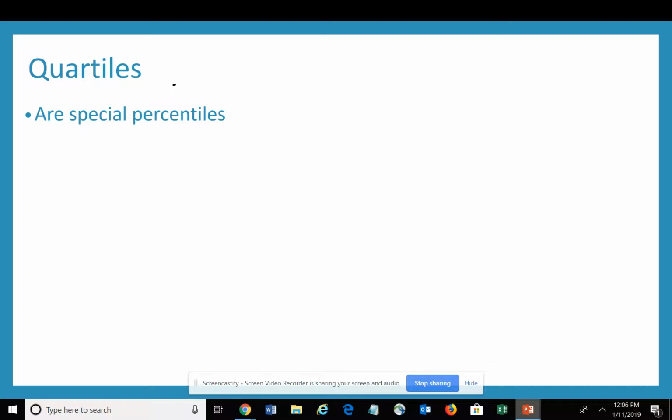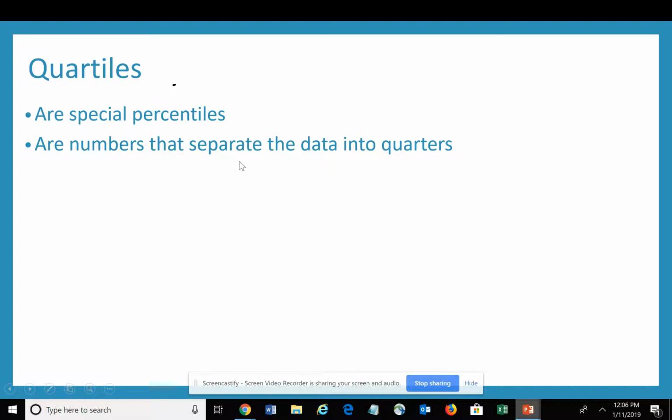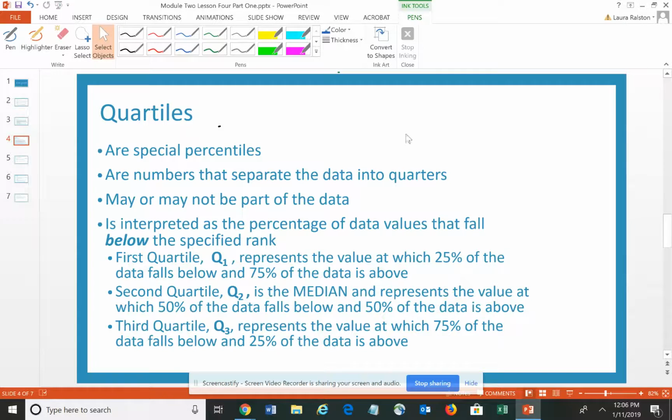The primary difference between a quartile and a percentile is that quartiles are the numeric values that separate the data into quarters, where each quarter contains 25% of the data. So let me see if I can maybe sketch you a picture here of what this would look like.